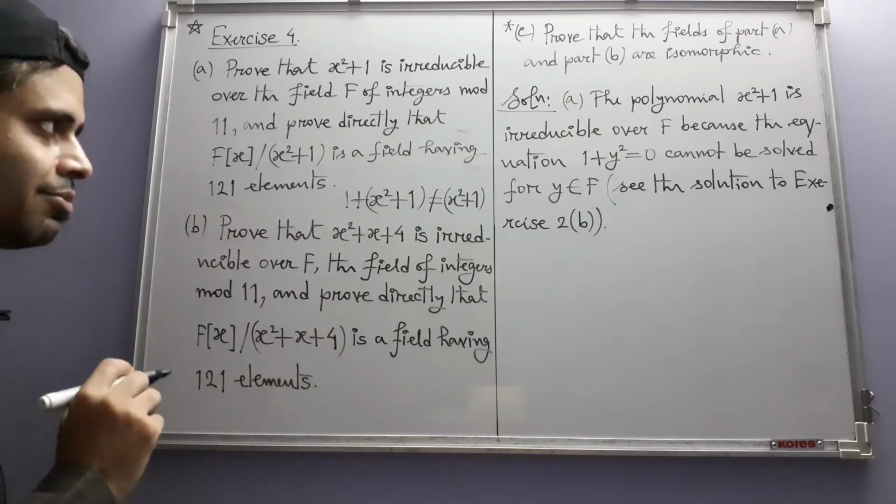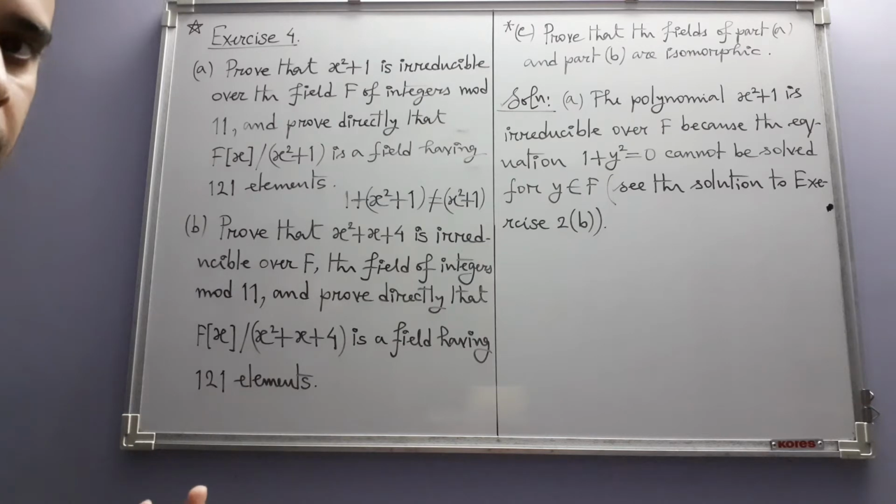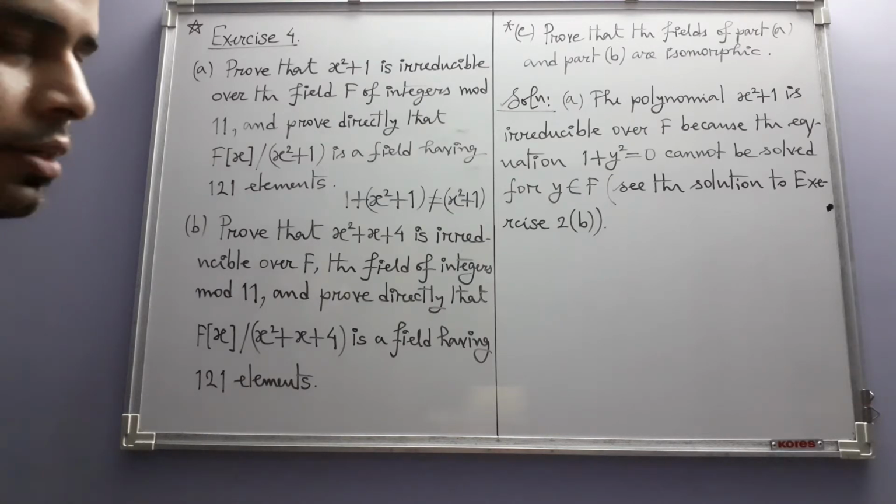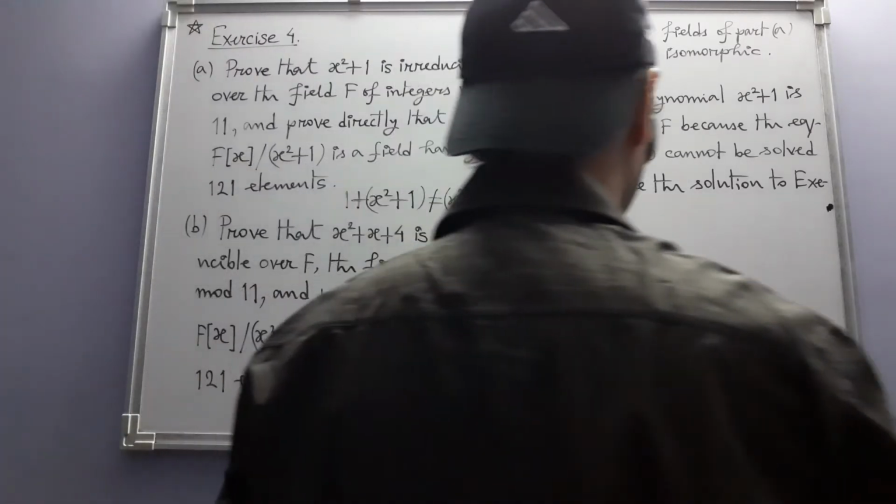So the thing now we have to show is that every non-zero element has a multiplicative inverse in the ring. So we write like this.